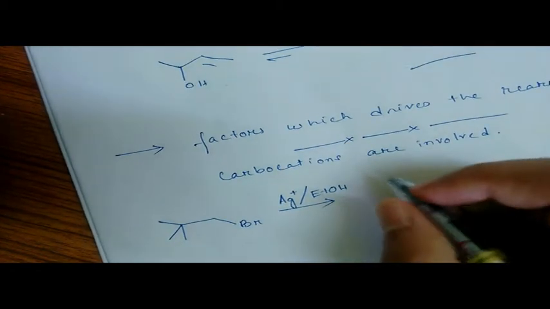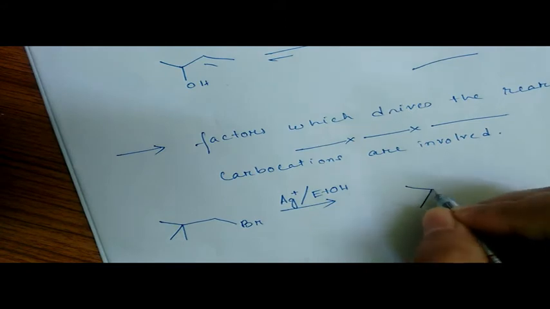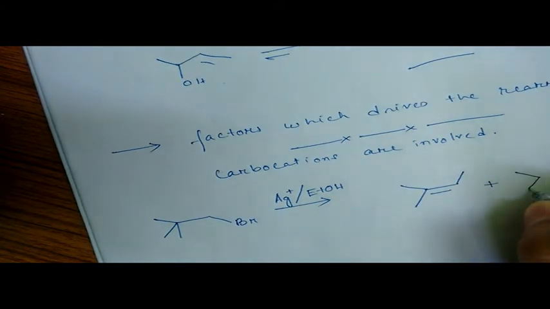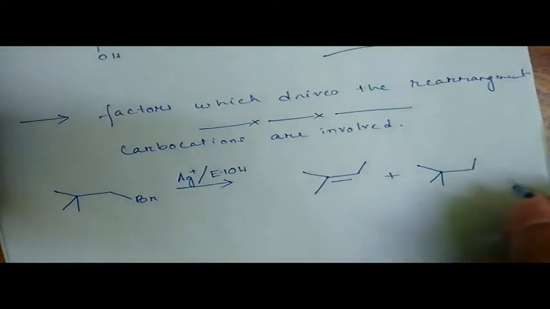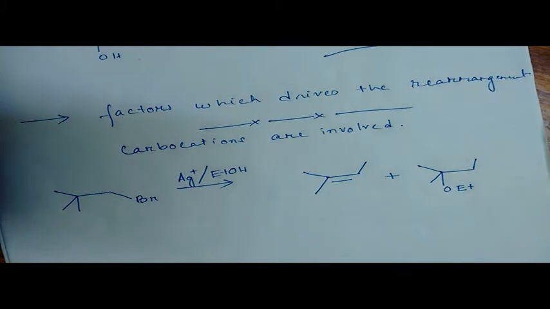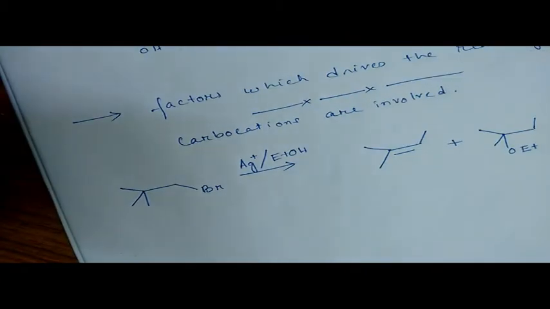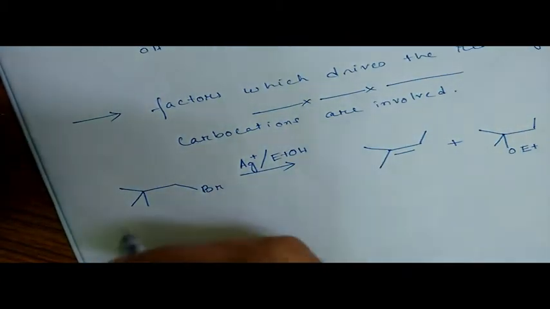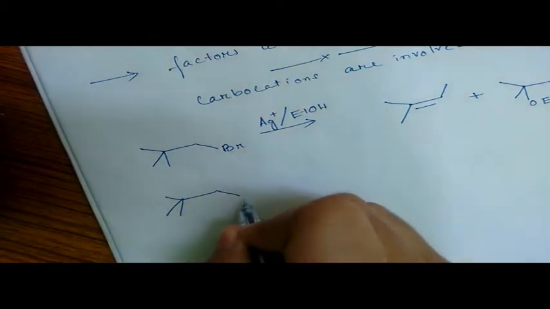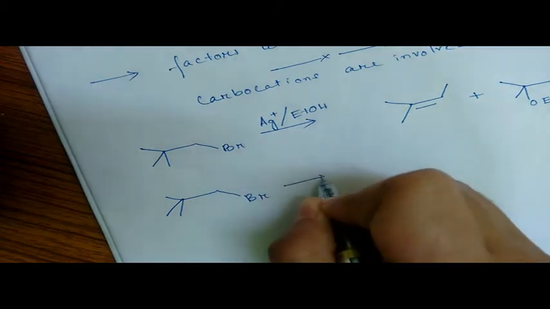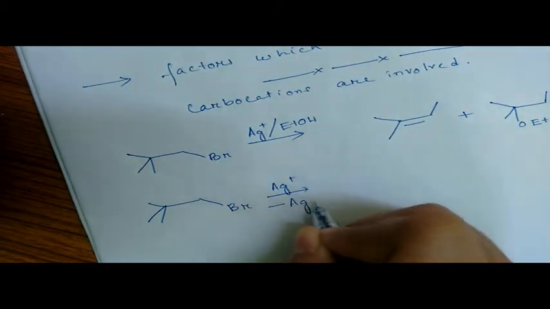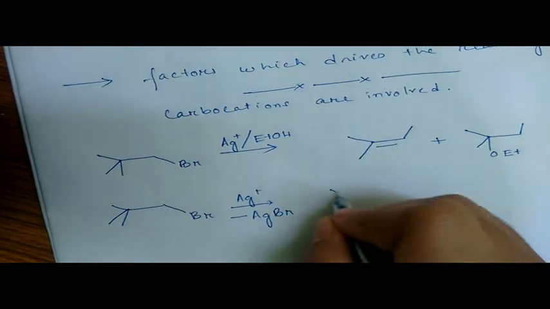What we get as a product is this one and this product. Now let's look at the mechanism. This was our parent molecule. We added some silver ion source which will eliminate AgBr to generate a carbocation.